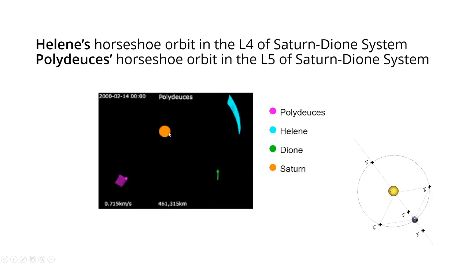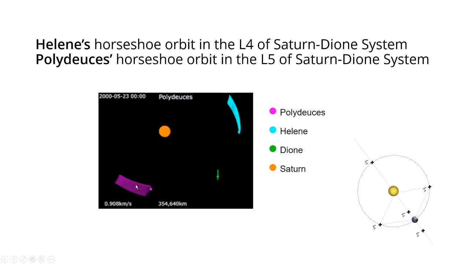So this is a three-body system: Saturn, its moon Dione, and two smaller masses. These small masses are actually Saturn's moons as well. One is called Polydeuces, and one is called Helene. I think that's where Helena comes from. And it moves in a weird orbit.